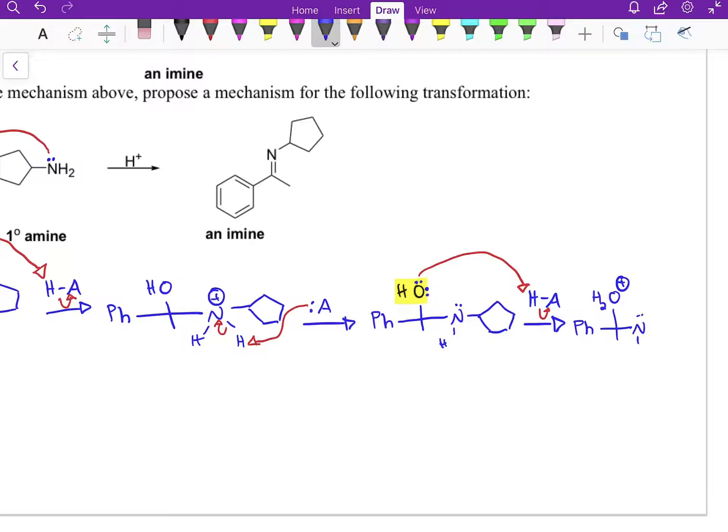And then we still have this. So now the lone pair on the nitrogen is going to do this, causing this water to leave.